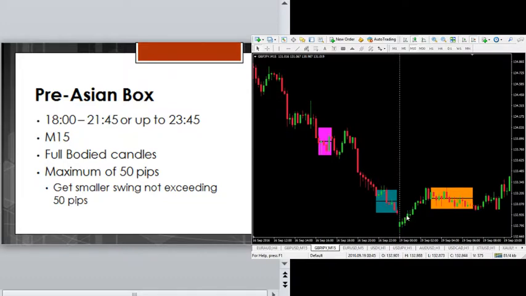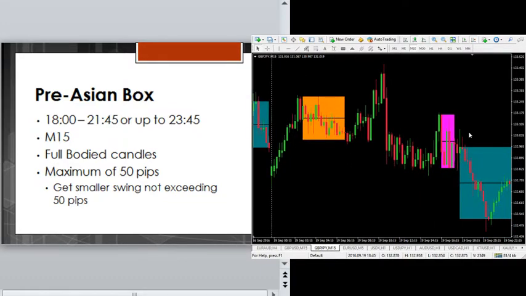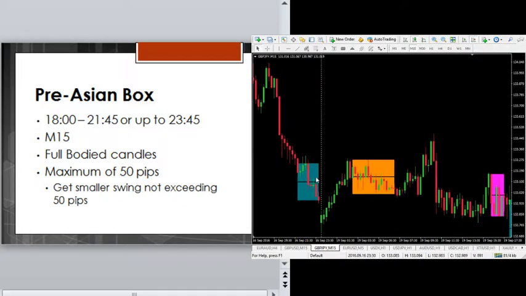Just like for this one, these are wicks, so these are excluded in the plotting of the pre-Asian box. The pre-Asian box, by the way, is colored teal, a bluish green color.